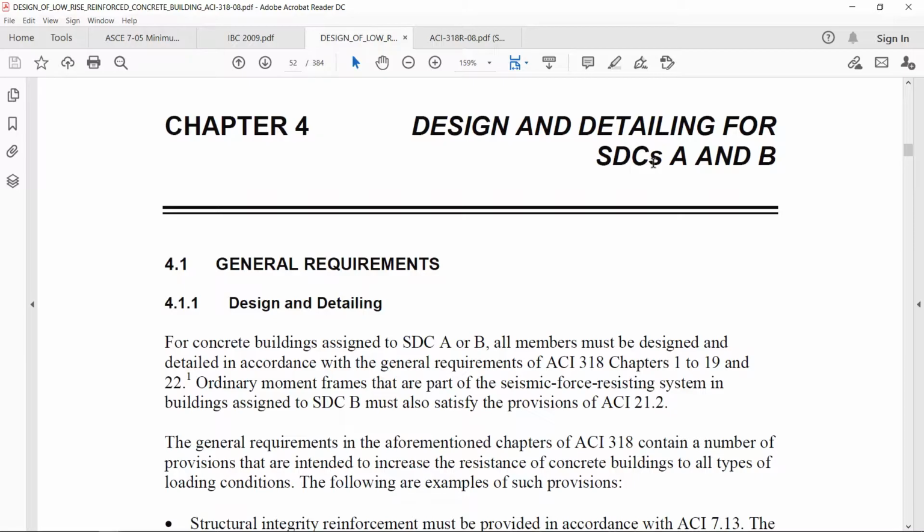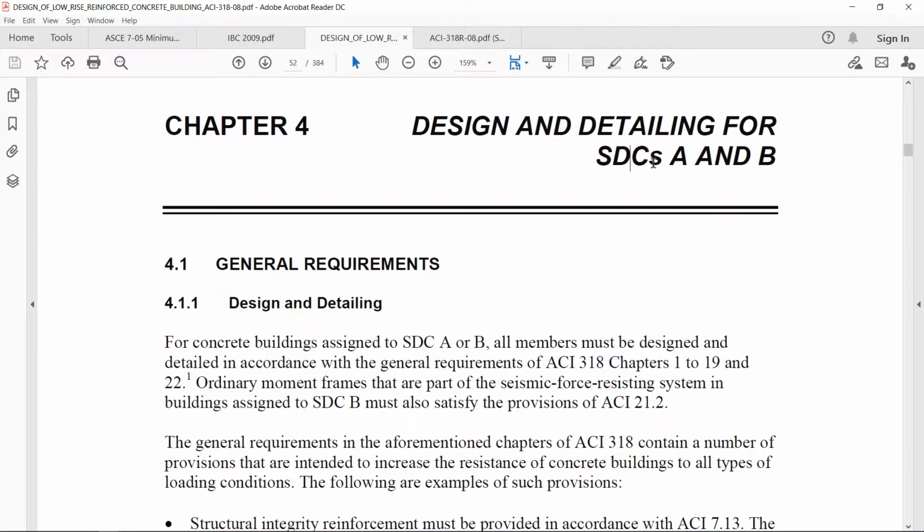The questions were asked that please explain what are SDCs, how many SDCs are there, what is the meaning of SDC A, B, C, D, E, F, and for a young engineer, what they should do if they are designing a building for seismic design category A or B, or what additional requirements are imposed if the building lies in seismic design category C, or if it lies in seismic design category E, and then others.